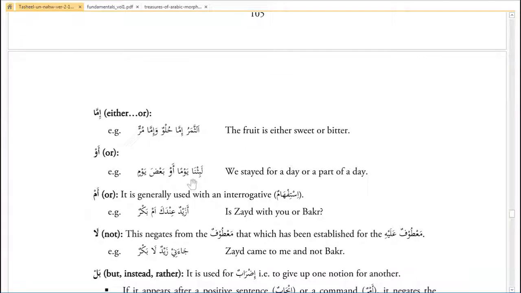Allah says in the Quran, لبثنا يوما أو بعض يوم. لبثنا, we stayed, يوما, for a day, أو بعض يوم, or a part of a day. So أو is just for meaning or. إما is either or.